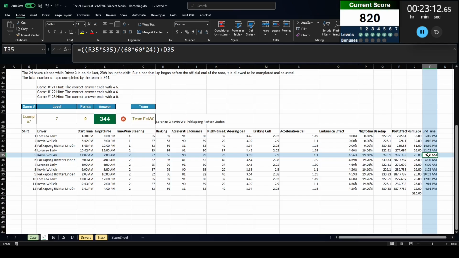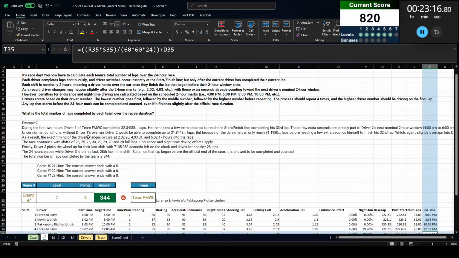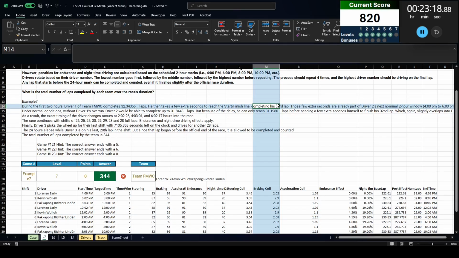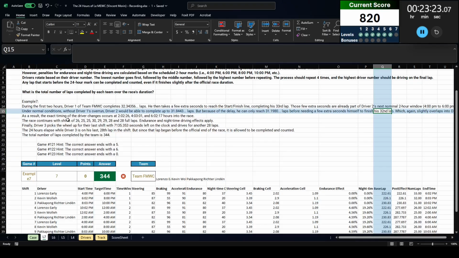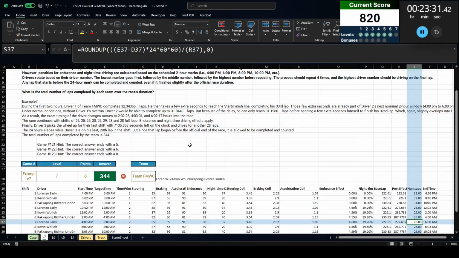Is that supposed to be so nice and round? Let's take a look here. So we should have, first person gets 33 laps, good. Next person gets 32 laps, good. I don't think it talks about the third person, but after that we should be 26, 25, 30. Ooh.